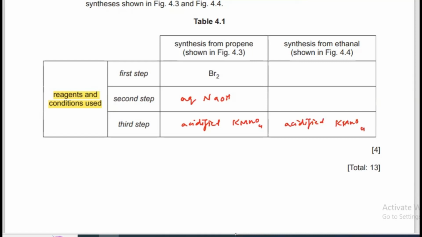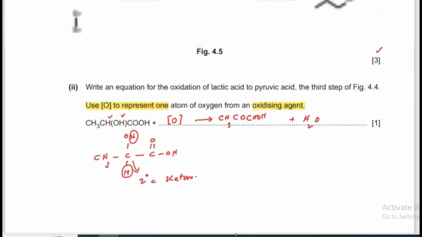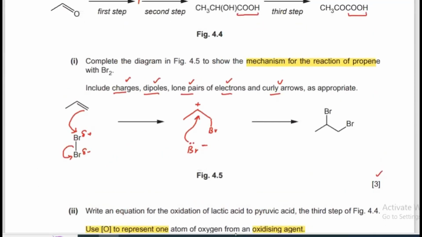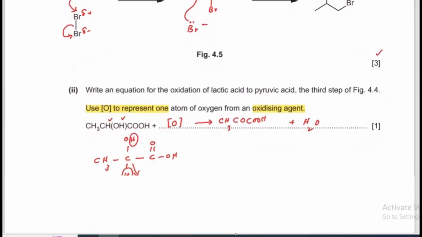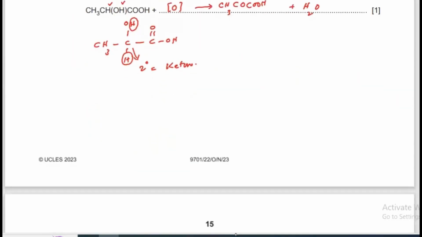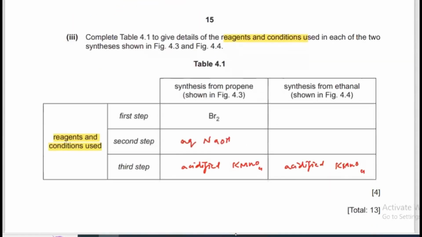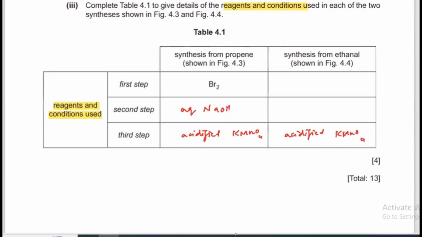Now, in figure 4.4, what was the first step? This was 4.4. Yes, we have reacted with HCN, or you can also use KCN, because HCN is a weak acid and it partially dissociates, so to provide the maximum concentration of CN negative you can use a mixture of these two reagents, HCN and KCN.